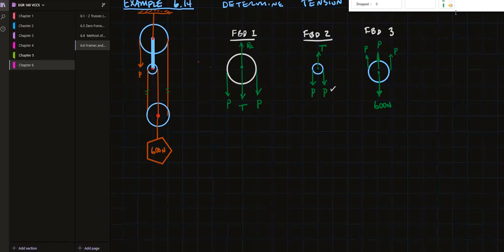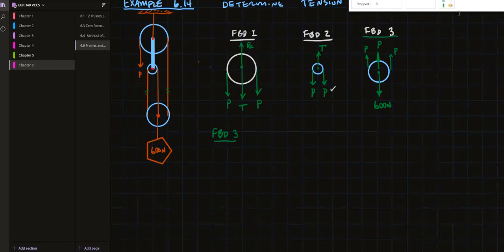So let's analyze this thing. It looks like we can figure out what P is from free body diagram number 3.